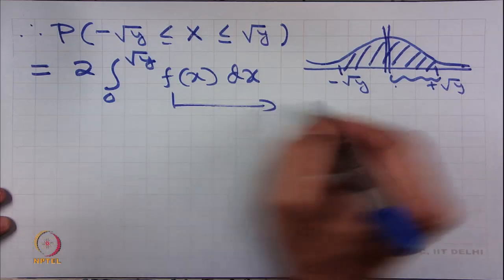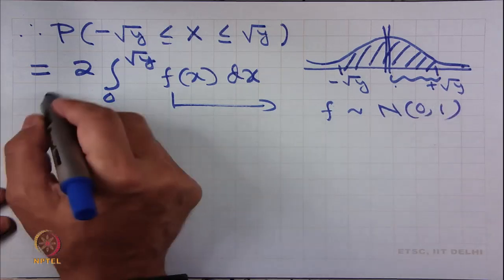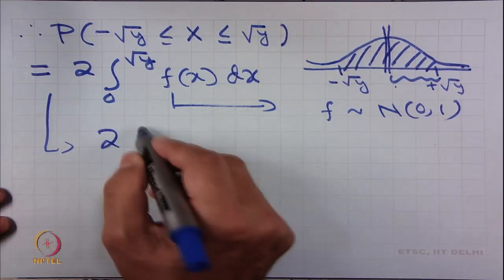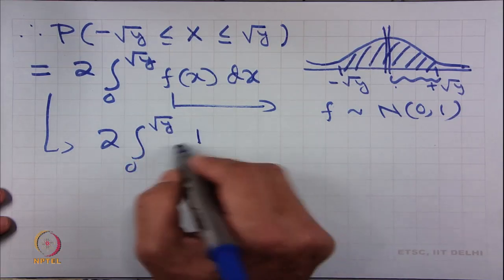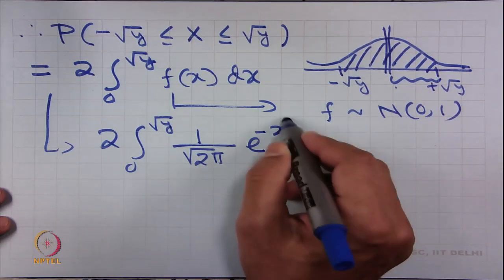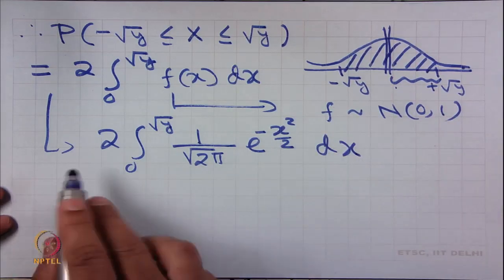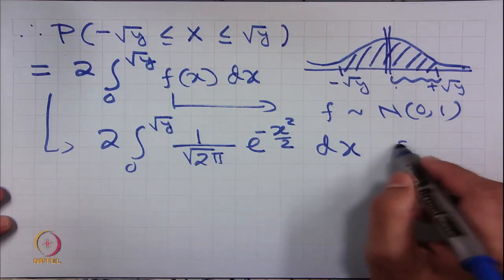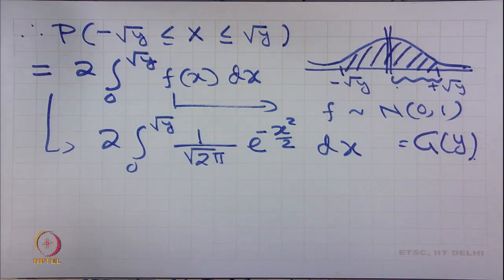And since f is normal 0, 1, this becomes 2 times integral 0 to root y 1 over root 2 pi e to the power minus x square by 2 dx. So, this is the value of G y, that is the cumulative distribution function for the random variable y, which is nothing but x square.